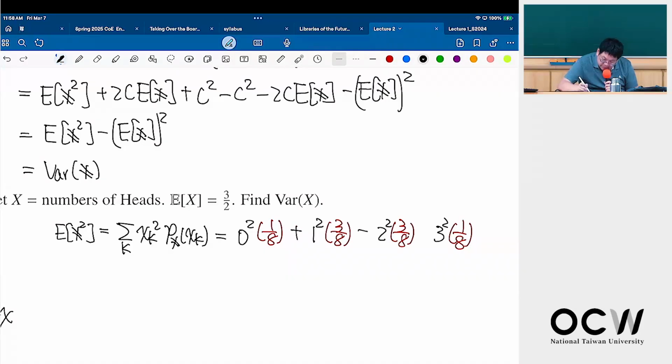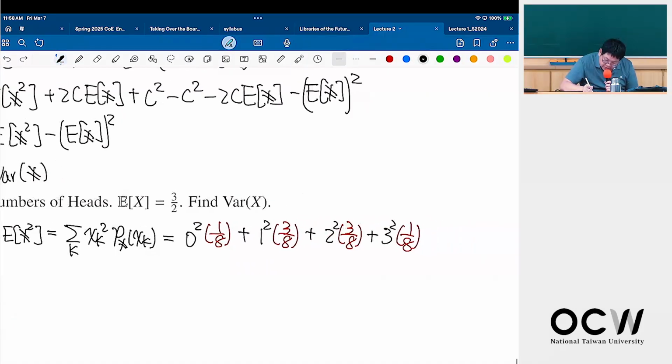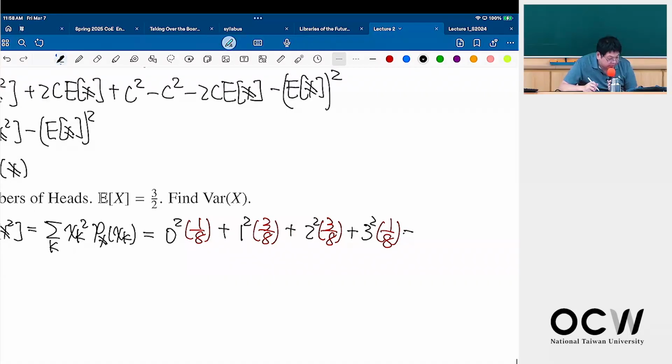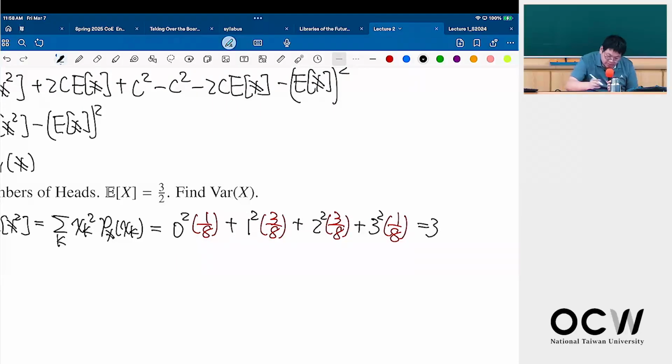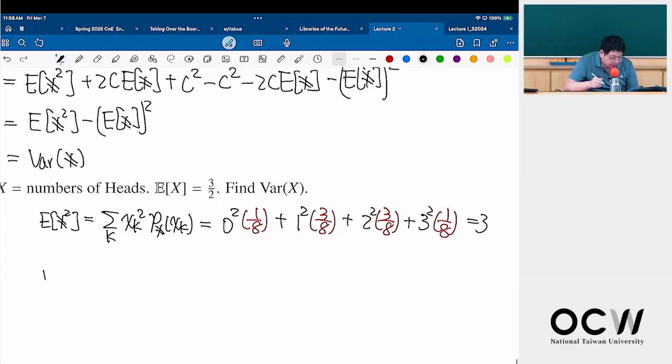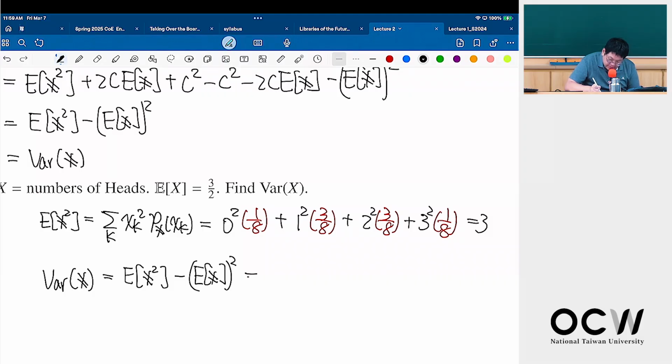Then I sum all this, and we get 3. So the variance is the second moment minus the first moment squared, and that is 3/4.